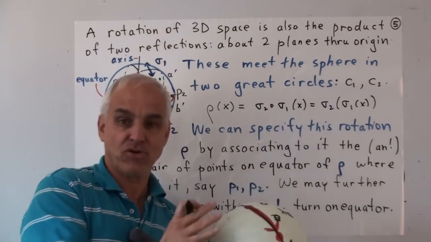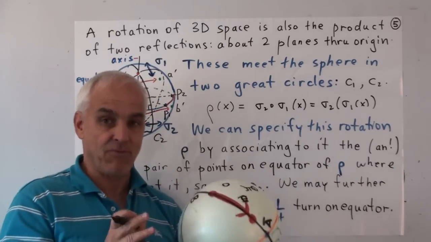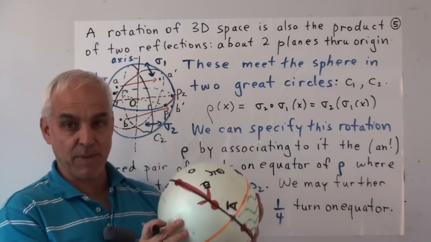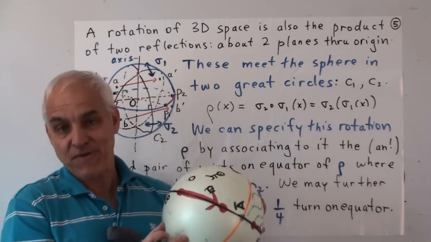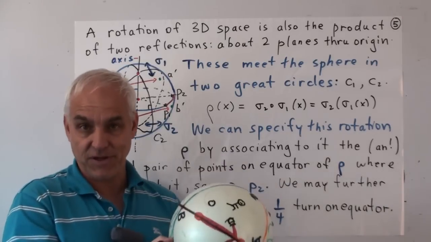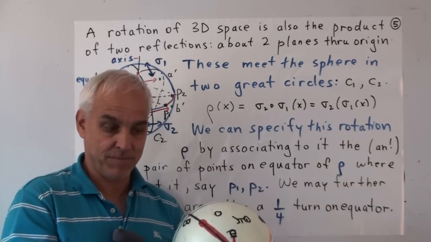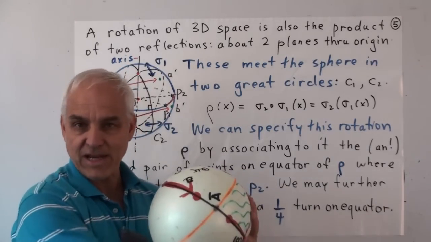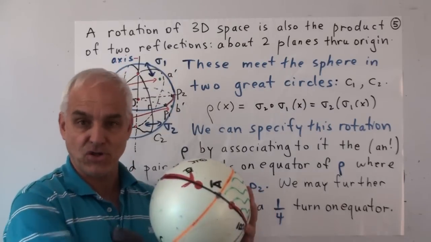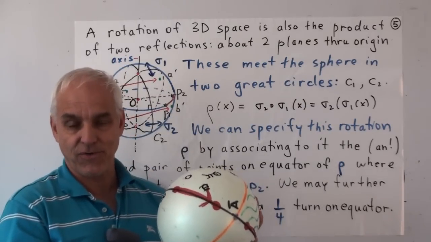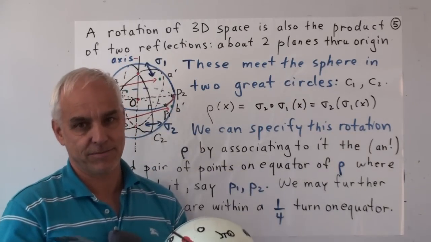That's a geometrical way of representing rotations of three-dimensional space by spherical vectors on the surface of the sphere. Vectors which lie on great circles, essentially on the equatorial great circles of the rotations we're considering.